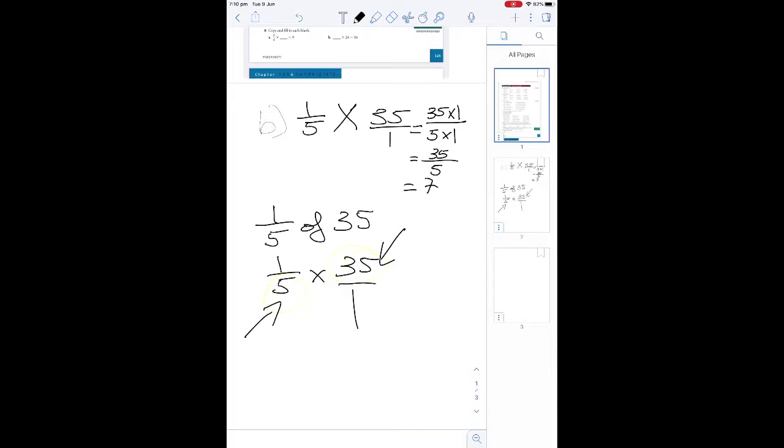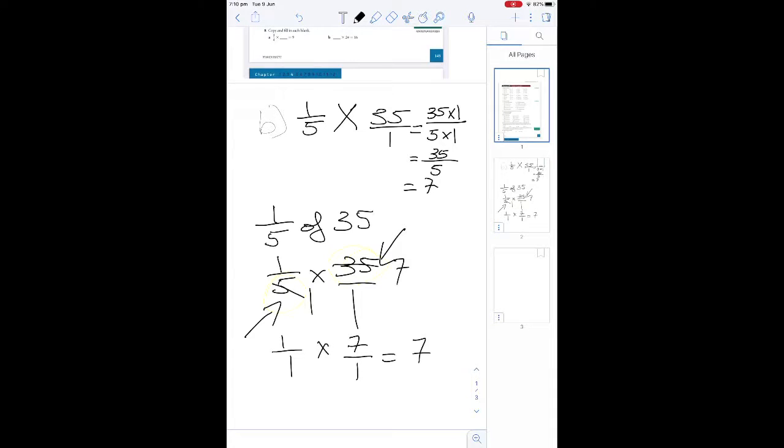How do I know that? Well, they both end with 5 or 0. So 5 goes into 5 once, 5 goes into 35 seven times. So then you'd get 1 over 1 times 7 over 1, which is just going to give me 7.